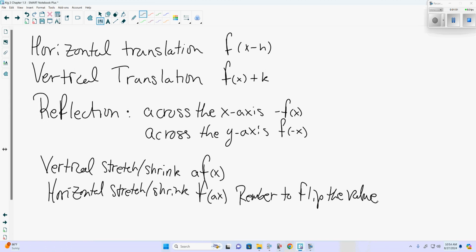Yep, kick flip. So if they give us a value of, say, a horizontal stretch by a factor of 5, we have to flip it. 1 over 5.